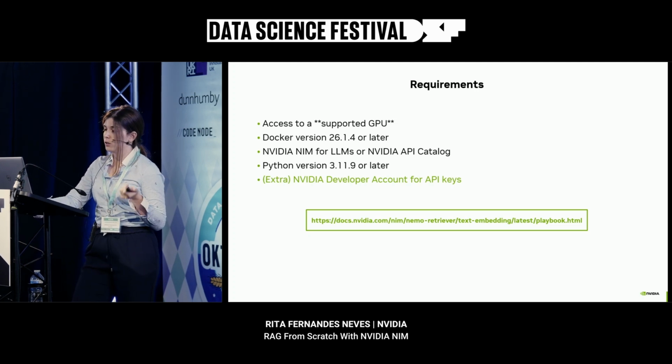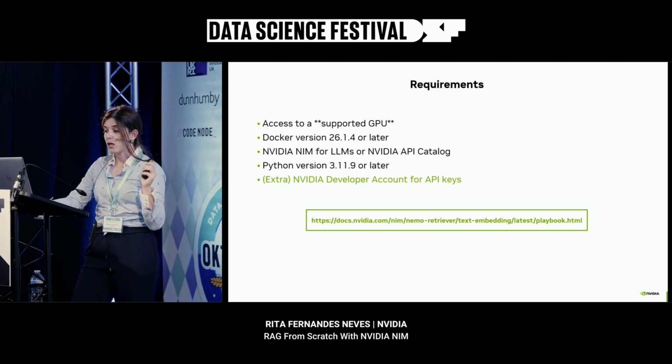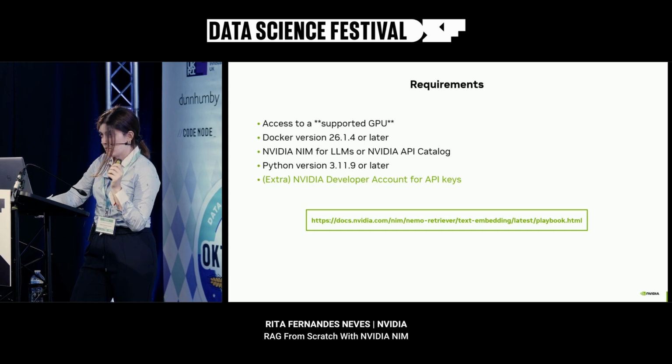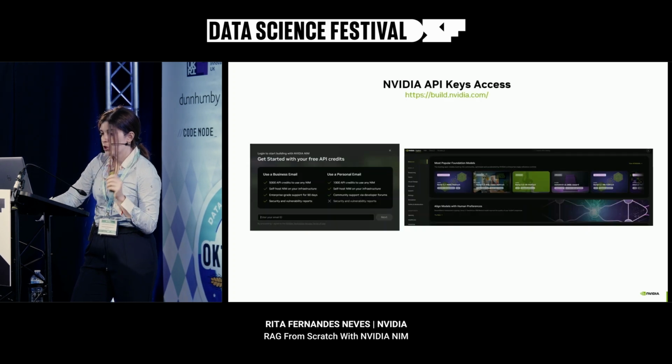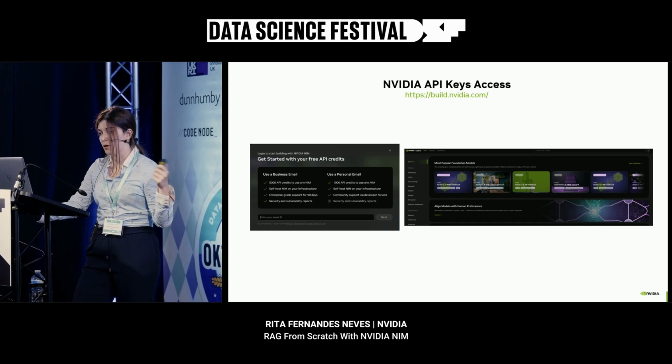You need Docker, you need NVIDIA NIMs, you need a slightly recent Python 3 version. And the big thing here is that you need an NVIDIA developer account if you actually want to deploy models from our catalog. And this literally just means that you go to the page on the right, which is build.nvidia.com.